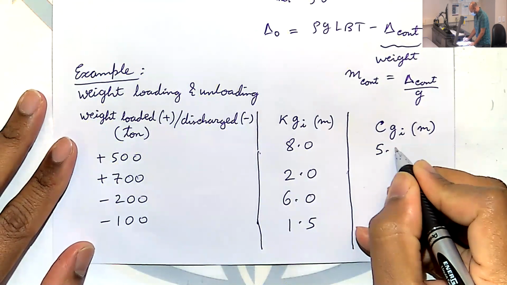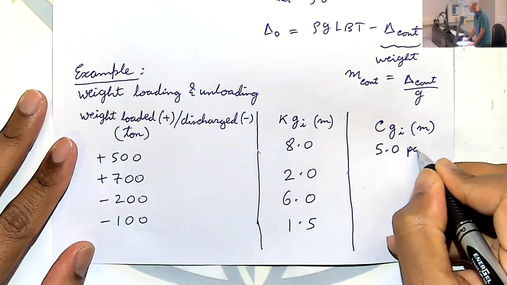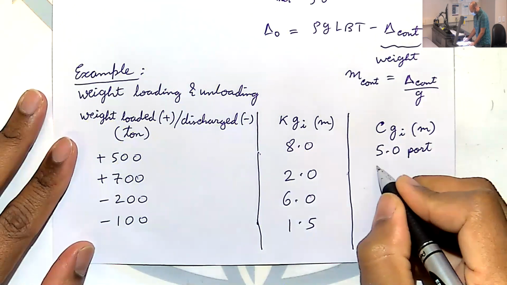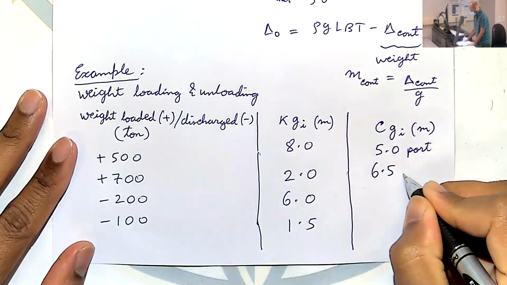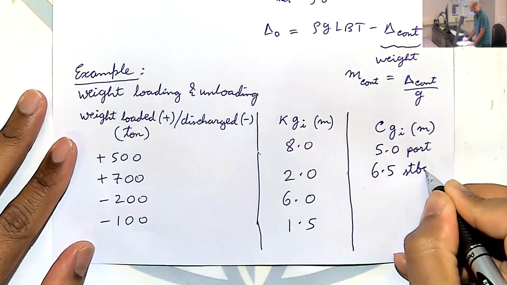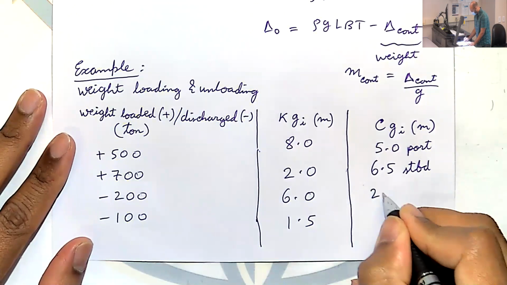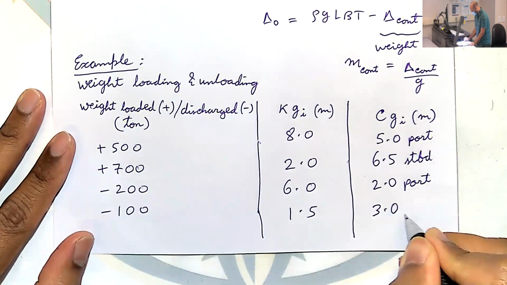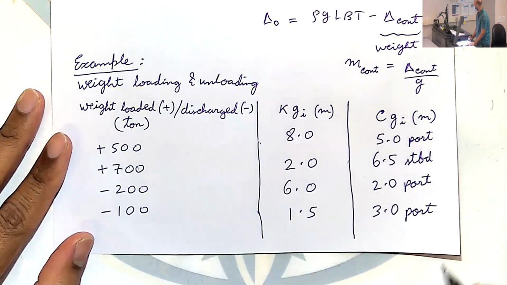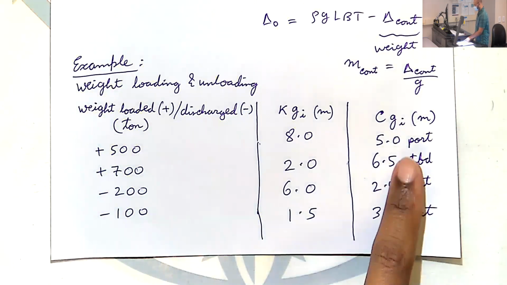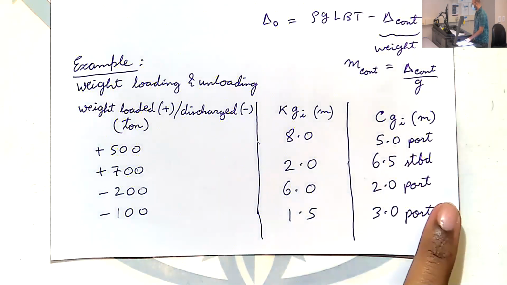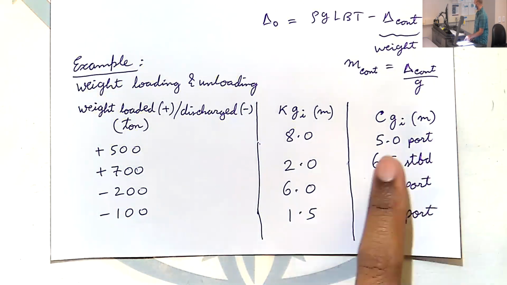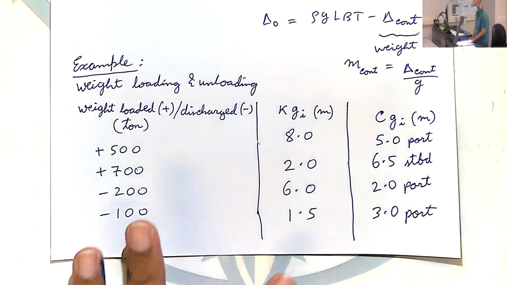We're told 5 meters port, 6.5 meters starboard, 2.0 port, 3.0 port. Knowing whether you put it on the port side or the starboard side is important because that gives us the plus or minus Y location.